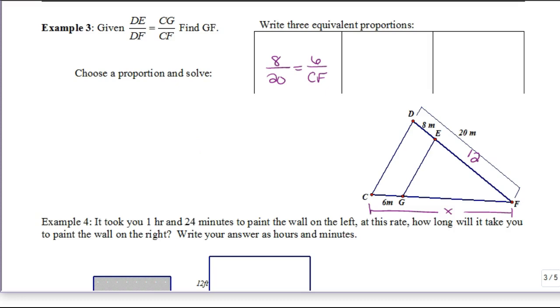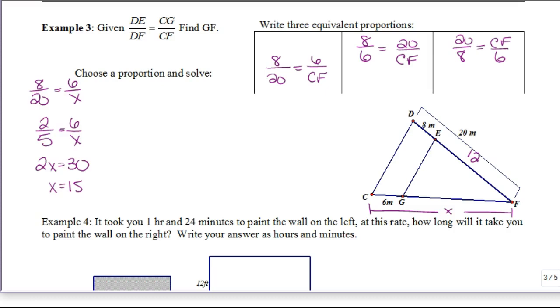For my next 2 proportions, I'm just going to go back and use either the reciprocal rule or the exchanging or comparing of numerators and denominators, just to practice rewriting proportions. Again, it's not meant to confuse, it's just meant to give you practice in writing different proportions. From here, I'm going to pick my favorite proportion and solve.